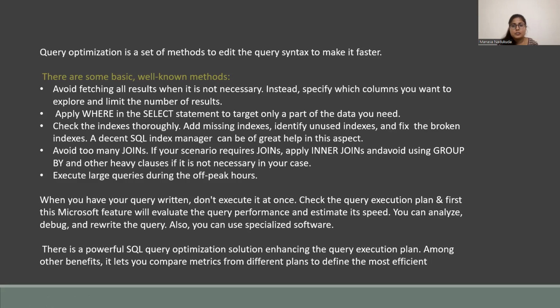Next, coming to another method, we have to apply WHERE in the select statement to target only the part of the data we need. And then we have to check the indexes thoroughly, and add missing indexes. We have to identify the unused indexes, and fix the broken indexes. A decent SQL index manager can be a great help in this aspect.